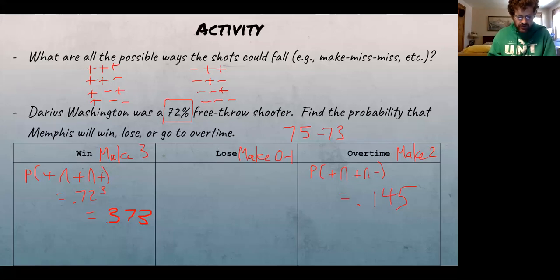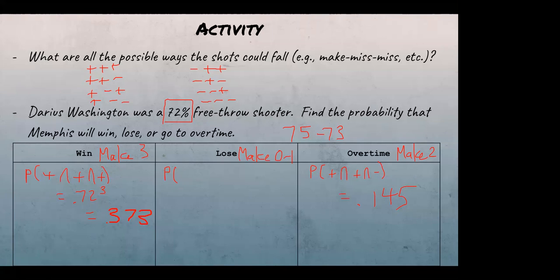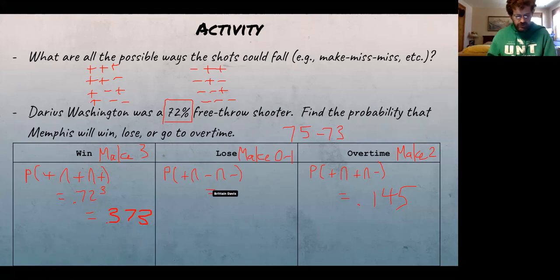Now, making 0 and making 1. Let's start with making 1. What's the probability we're doing there? Missing 2 and making 1. There you go. I'm sure you guys were already calculating that, so I'll just put that right there. And of course, we can see the other thing here.